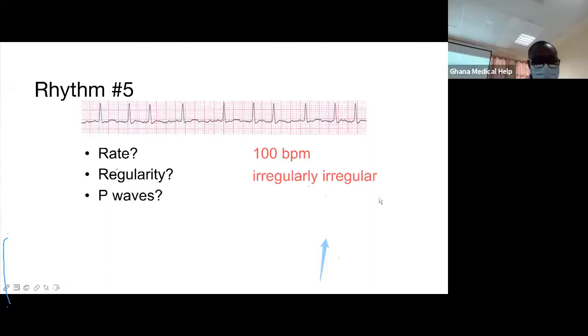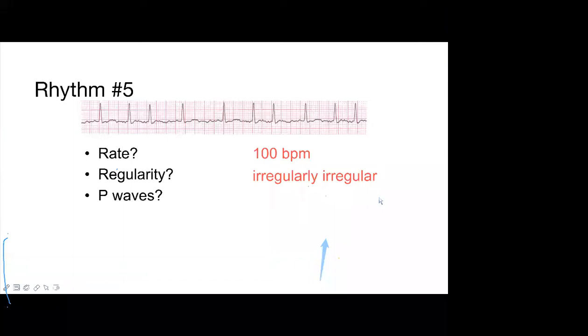Then the P waves. Okay, we haven't answered this. So what are the P waves here, and are they normal? Anyone on the Zoom, kindly take us through. Yeah, I have seen about 2 P waves, but they are not normal.